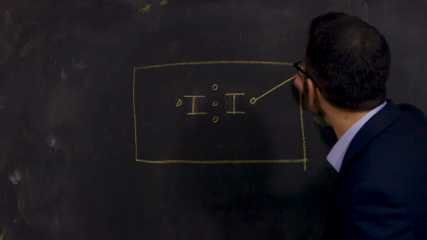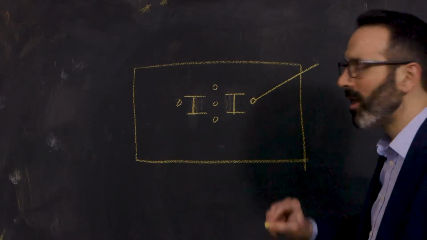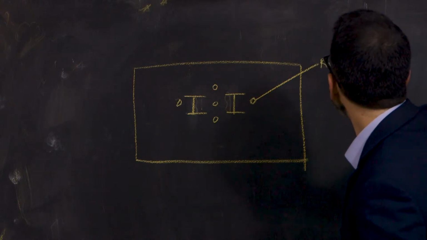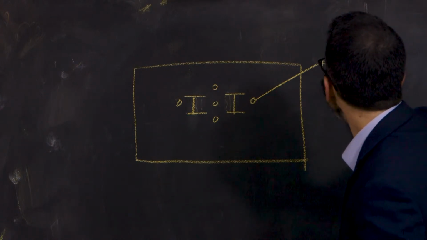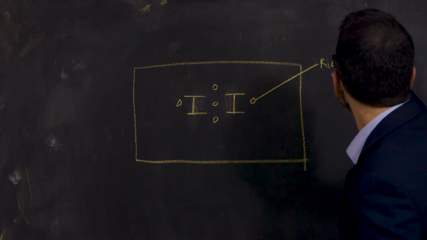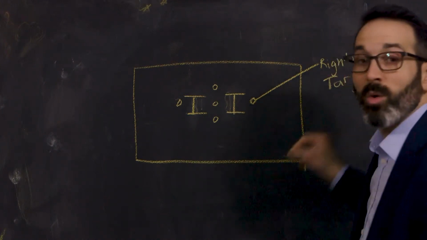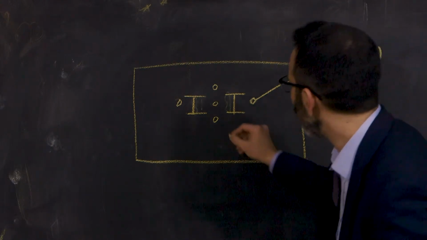So what we will do is then we will diagram this by just taking our lines out here, and we could call that right hand target, and then we would do the same with each one of the targets that we have on here, right?